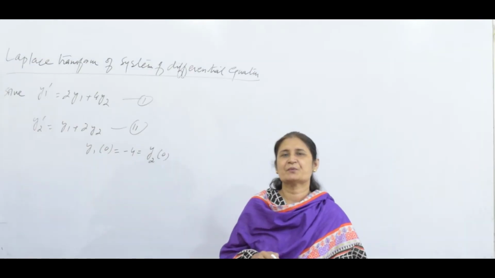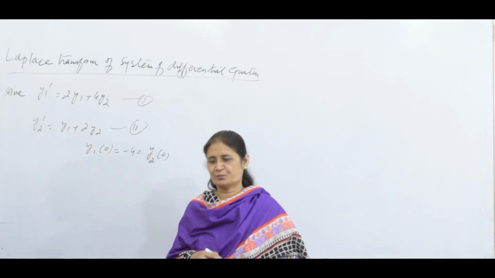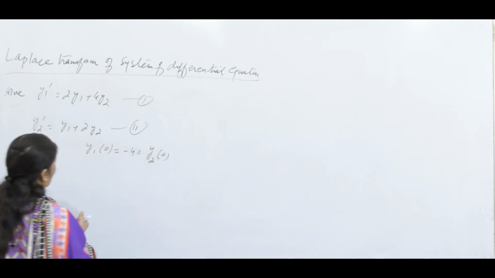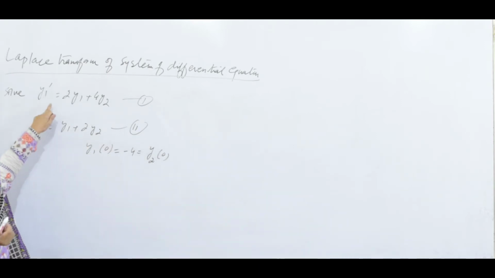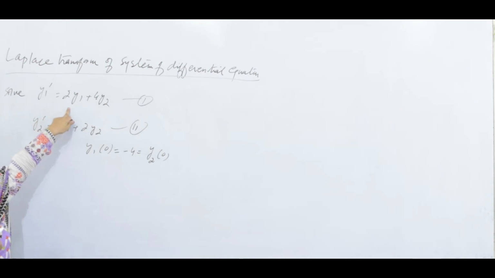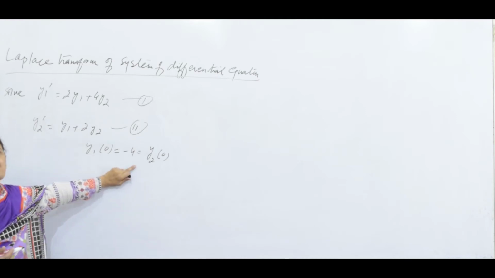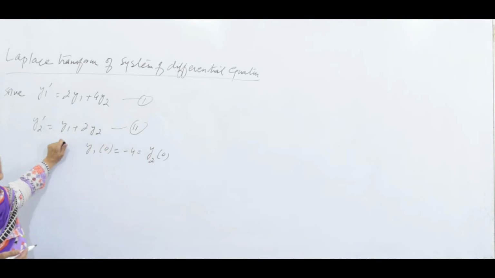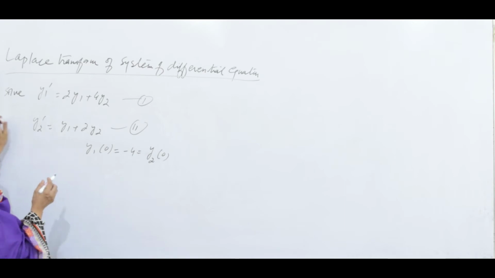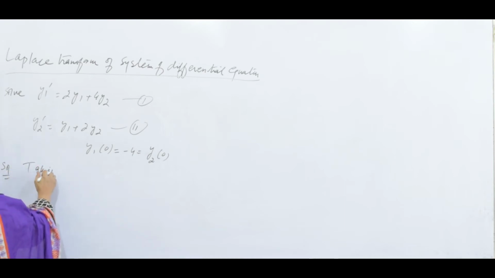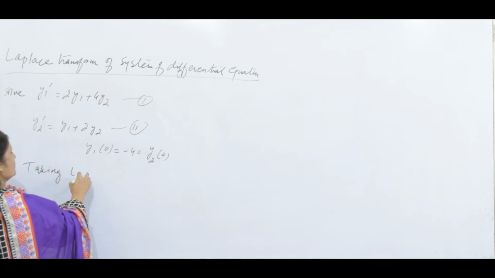System of differential equations using Laplace transform. Let us solve the system. y1 dash is equal to 2y1 plus 4y2, and the other is y2 prime is equal to y1 plus 2y2, and the conditions are given. We are solving this system of two equations with two unknowns with the help of Laplace transform. Solution: taking Laplace transform of equations 1 and 2.